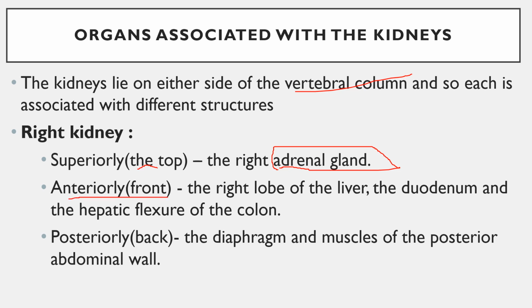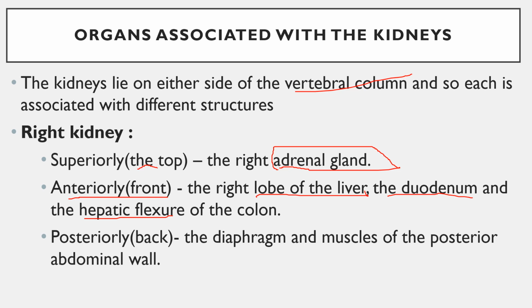Anteriorly, which means front. So in front of the right kidney, you will find the right lobe of the liver. You will find the duodenum, which is a part of the small intestine, and you will find the hepatic flexure of the colon. That's where the colon or large intestine makes a turn.